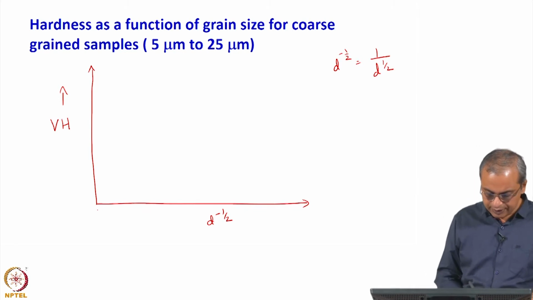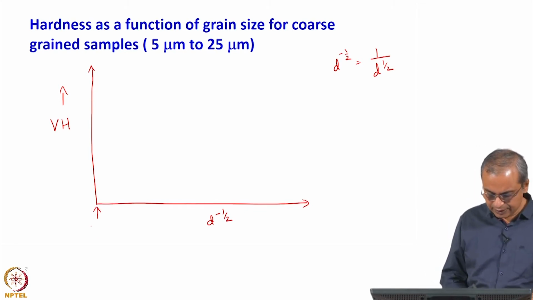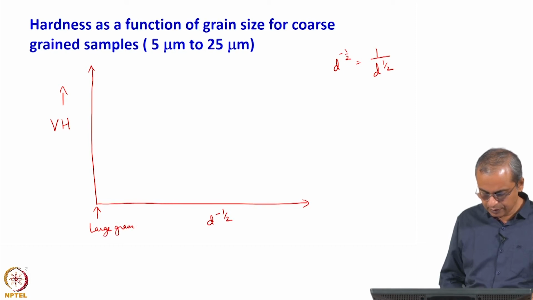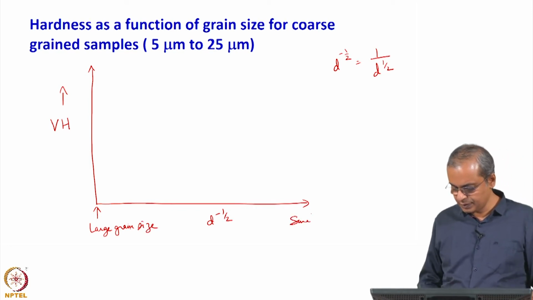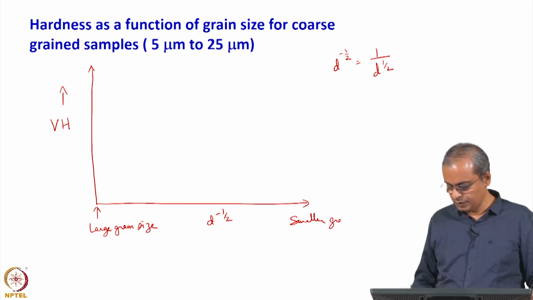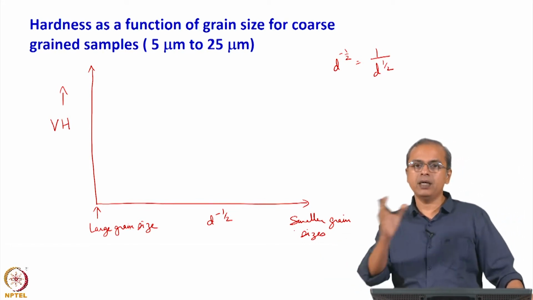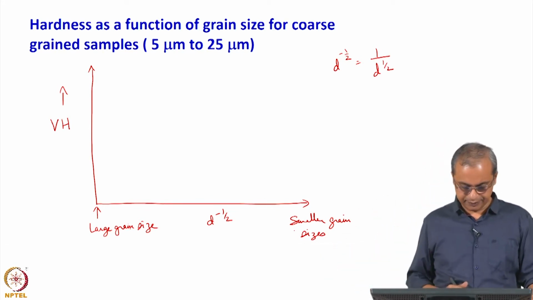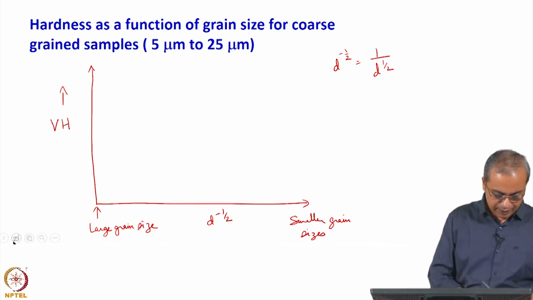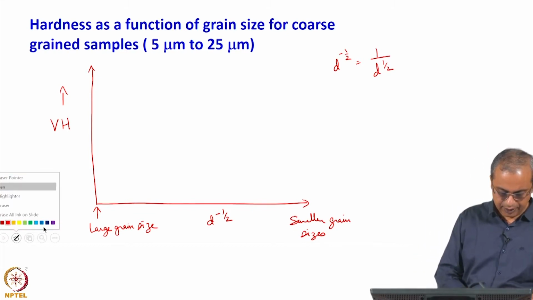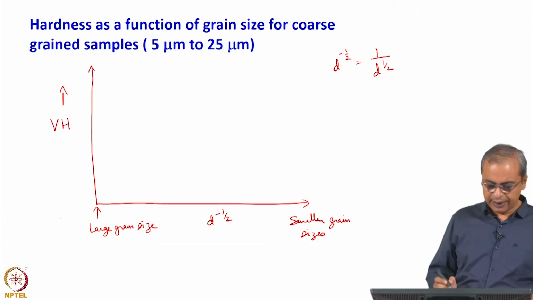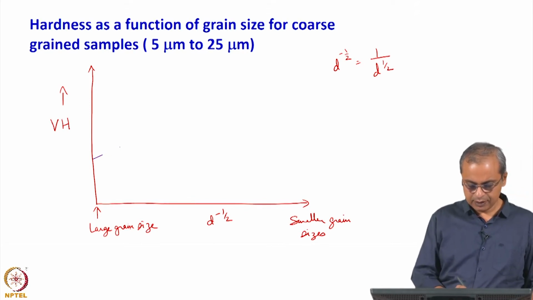So, therefore, this region here is large grain size, and this side is smaller grain sizes. Right. So, if you go from left to right, you are going from large grain size to smaller grain size. If you do this, then as you can expect from the Hall-Petch relationship, the plot that we see is something like this.